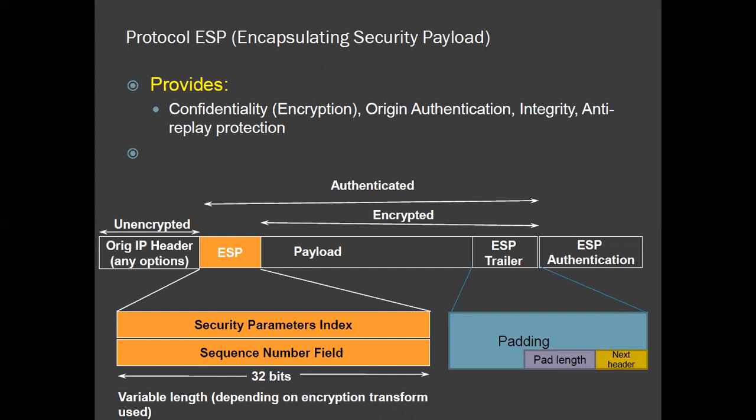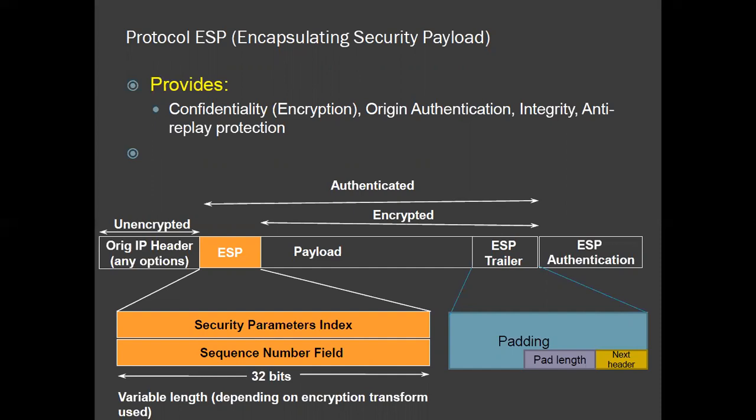Here in this figure, you can see the location of the ESP header and trailer. When the IP datagram carries the encapsulating security payload header and trailer, the value of the protocol field of the IP header is 50.